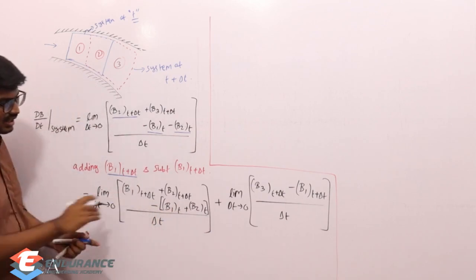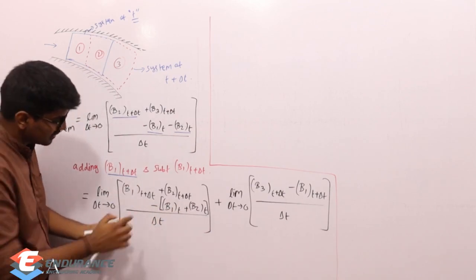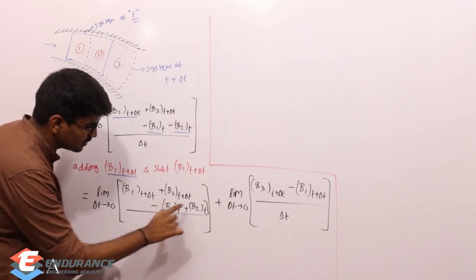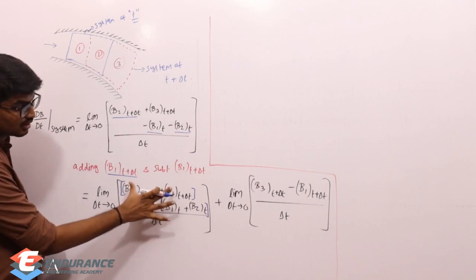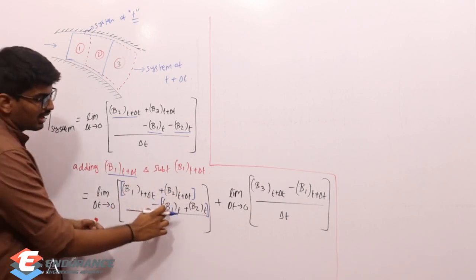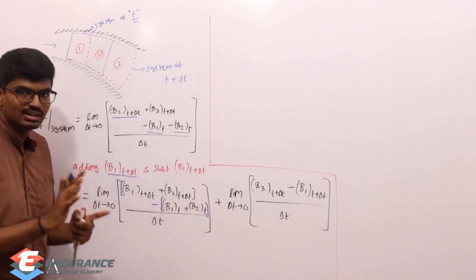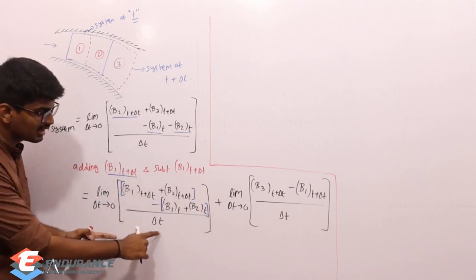Two minuses are there, I took minus commonly. I will specify with another color so that it won't confuse you. So this is the control volume, b1 plus b2 at time t plus delta t, minus b1 plus b2 at time t. The difference of these two, by delta t.